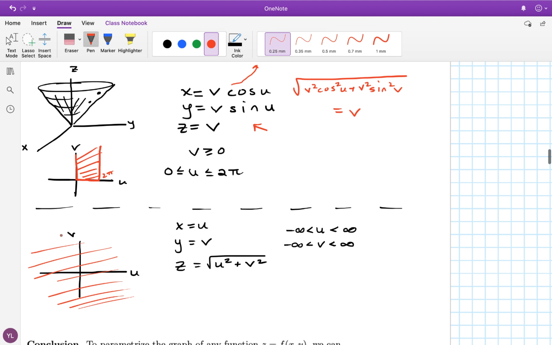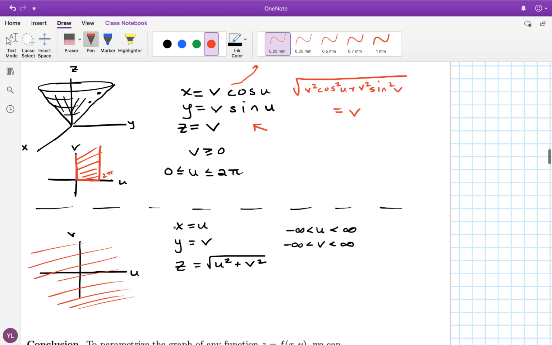The UV plane is actually exactly the same thing as the XY plane when we set the parameters like this. So the parameter space in this case can be visualized as just sitting underneath the cone itself, and the z being determined in this manner makes the wrapping of the parameter space onto the cone just like a lifting of the xy plane onto the cone.